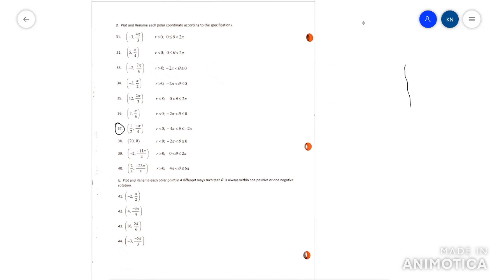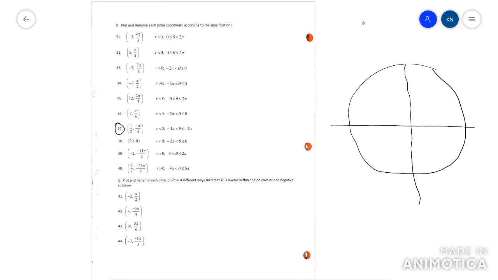One half, negative pi over 4. So here's 1, radius 1, meaning 1/2 is like there. All right, so I like to plot the original first. It's a negative angle, but a positive r. So there's no pivot or anything. It's just I rotate this way when I do it.